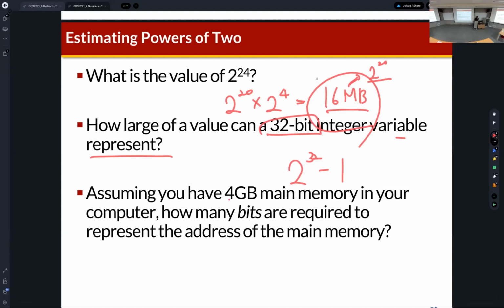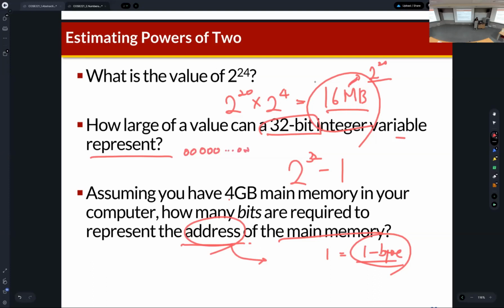Assuming you have 4 GB of main memory in your computer, how many bits are required to represent the address of the main memory? What does that mean? In the main memory of your computer system, one address represents 1 byte of data.